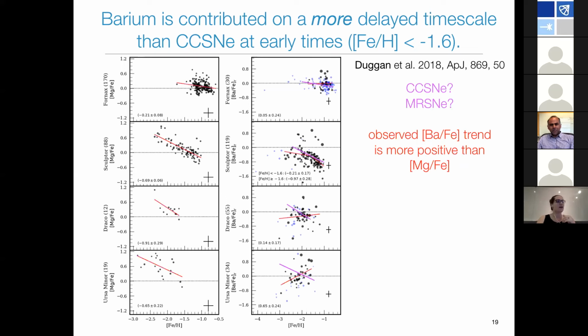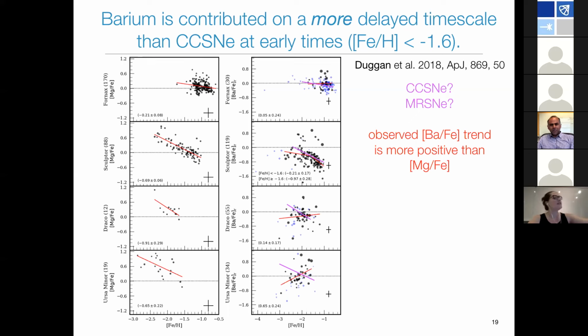However, in red, I've now plotted the fitted abundance trend, and we observe a much more positive barium to iron slope than magnesium to iron for the same galaxy. The numbers in the bottom left are the slopes with the errors from fitting this data.